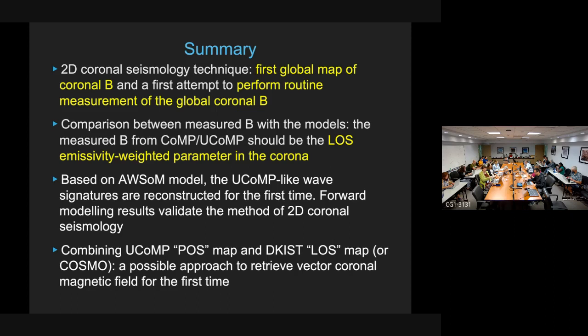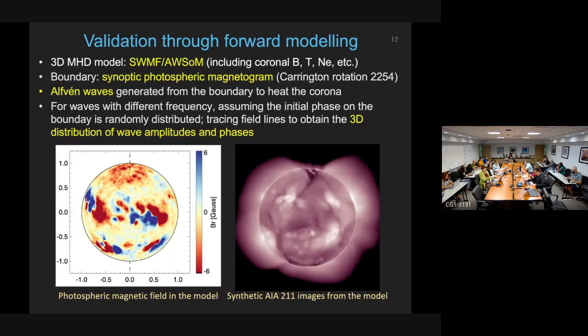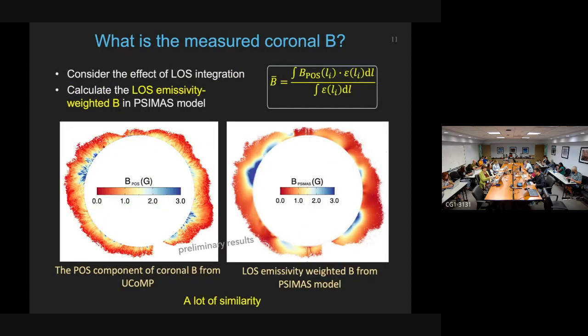I wanted to comment on the last set of maps you displayed. Those field strengths look a little bit low. Yeah, here the color bar range is from 0 to 3 Gauss, but if we look at some very specific regions, sometimes we can see field strength as high as 20 Gauss, but for most regions they are around 5 or 6 Gauss, or even lower.